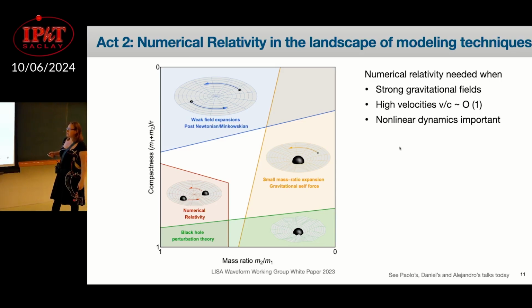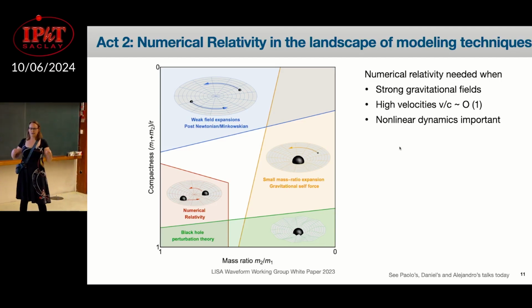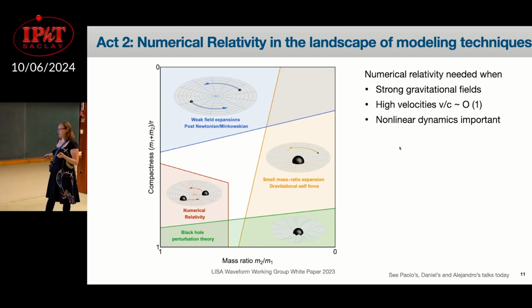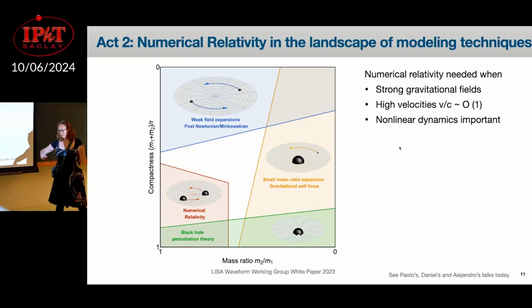And what we are plotting here on the y-axis is the compactness, going from 0, so our objects are very far apart, to 1, which is essentially the merger. And on the x-axis we have the mass ratio, 1 meaning our objects have comparable mass, 0 meaning we have extreme mass ratio, so one object having a much smaller mass than the other.